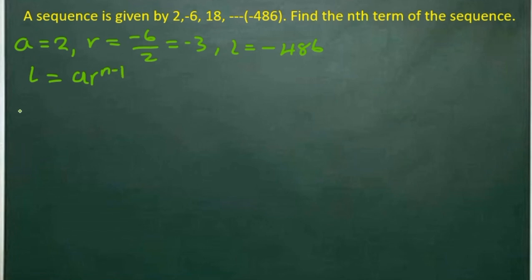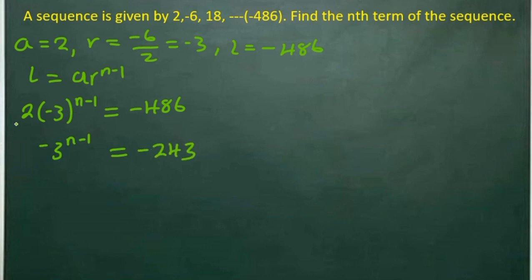So in this case, a is 2 and r is minus 3, so 2 times minus 3 to the exponent of n minus 1 equals the last term, which is minus 486.